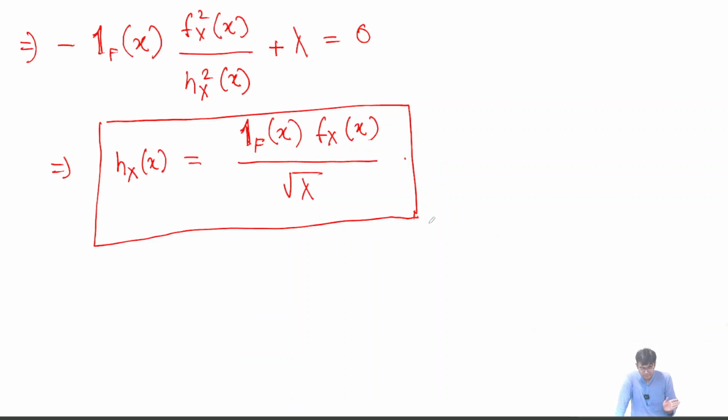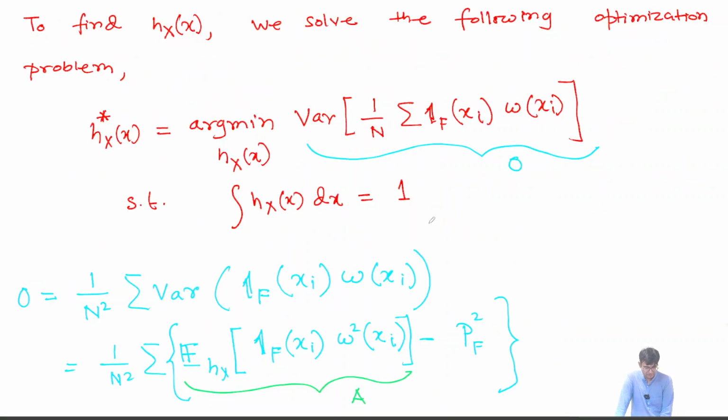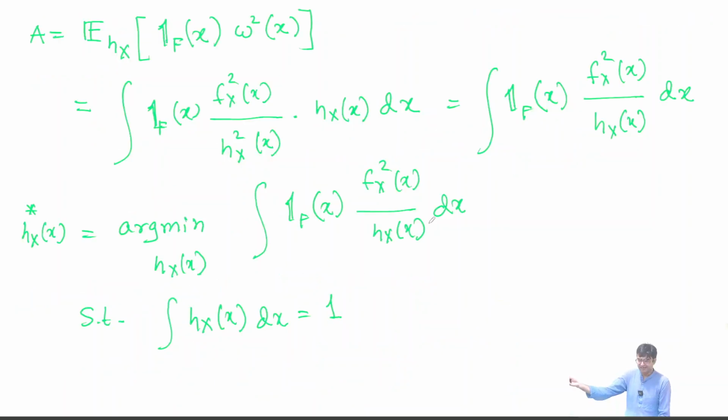Clear? What did I do? Just to recap very quickly, we started with this minimization problem. Then we said that there is that variance I will expand, and one term is not a function of h(x). We just removed that. We also said that a summation of positive quantities we can work with as 1. So we took that, and that gave us this problem statement.